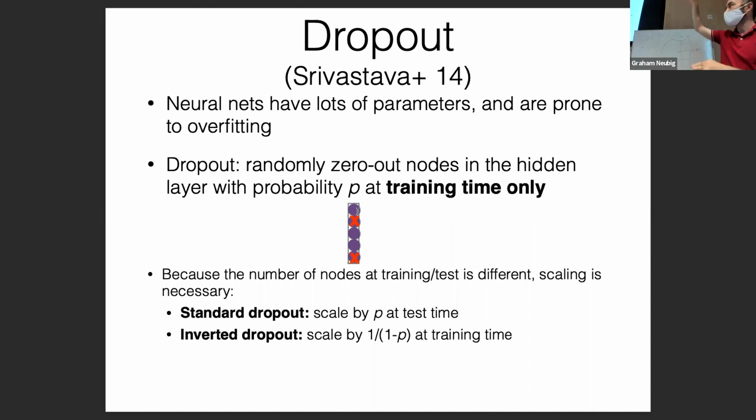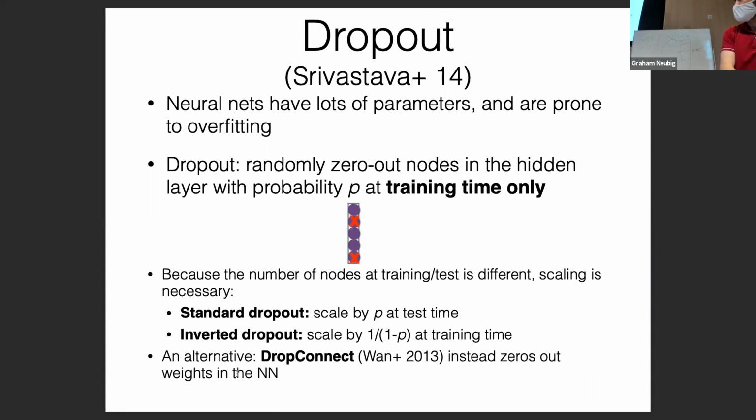So you multiply the vector by 1 divided by 1 minus p. If p is 0.5, you would be multiplying by 2 at training time, which would make the scale equal to what it would be at test time.